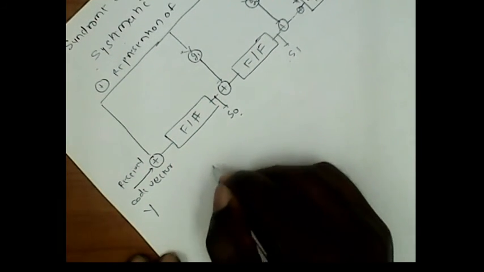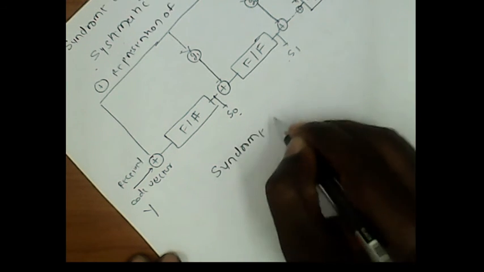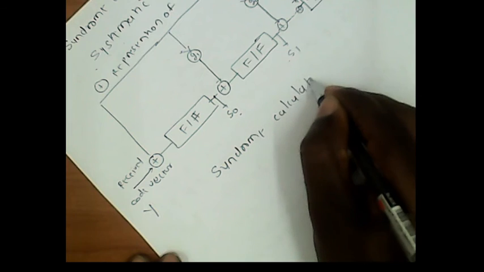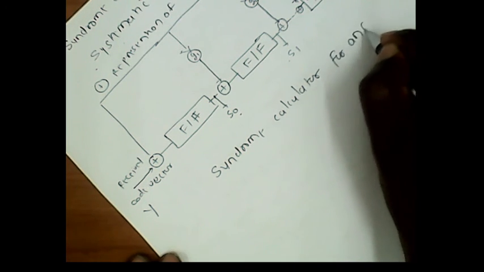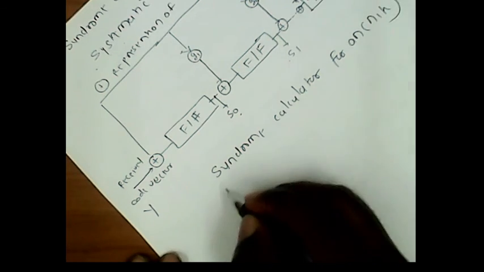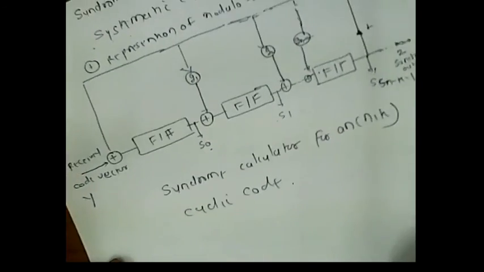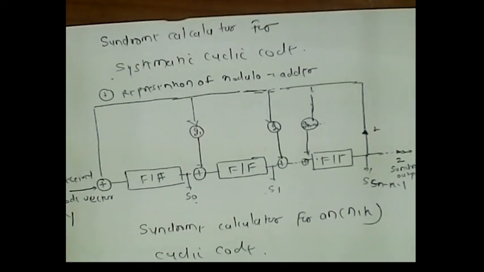So this is your syndrome calculator for an n comma k cyclic code. So this is the general block diagram for the cyclic code.